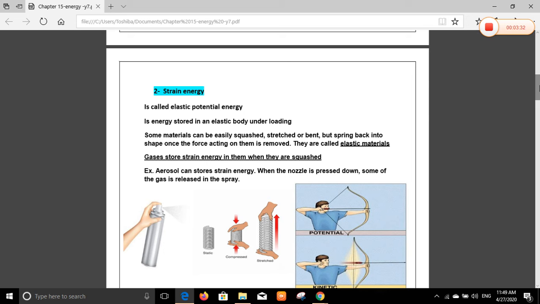It has another name, elastic potential energy. Some materials can be easily squashed or compressed, or stretched or bent, but spring back into shape once the force acting on them is removed.